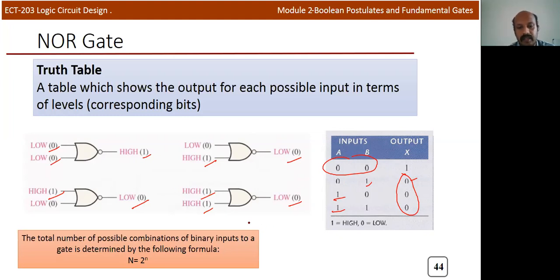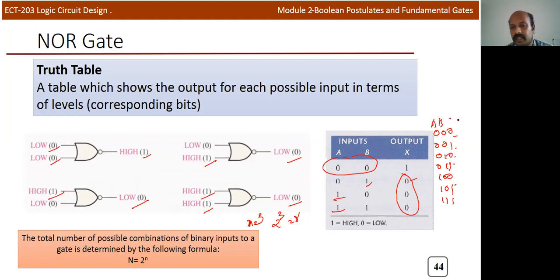Similarly, you can write it for 3 inputs also. If n is equal to 3, you need 2 raised to 3, that is 8 different combinations. So you can write like this: 0 0 0, 0 0 1, 0 1 0, 0 1 1, 1 0 0, 1 0 1, 1 1 0, 1 1 1. You got 8 different combinations.